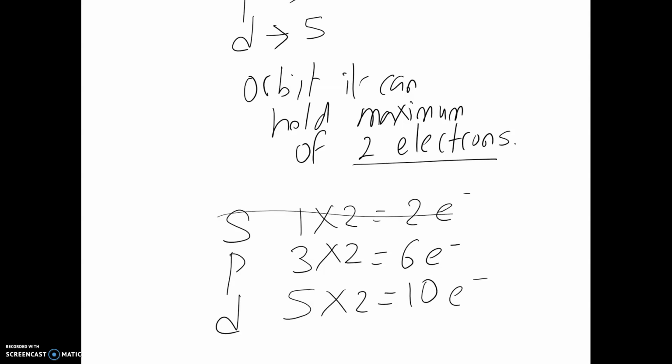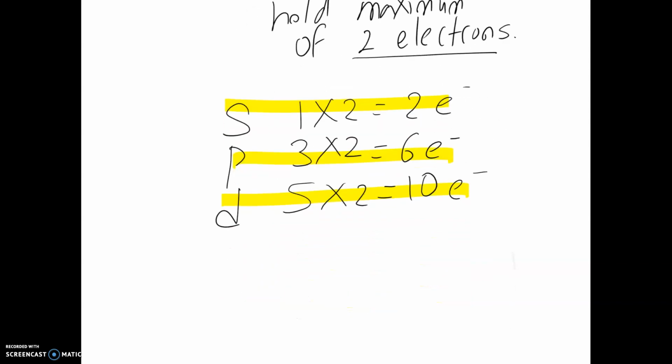This is quite important that we understand. If it's an s orbital, you can only have a maximum of 2. If it's p, a maximum of 6. D, a maximum of 10. So let's look at what that means to you.